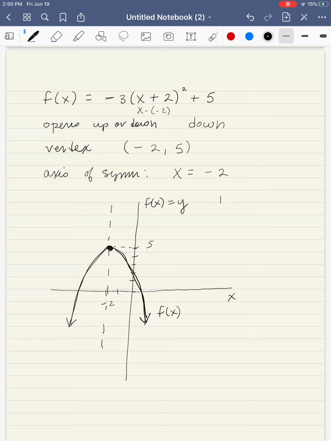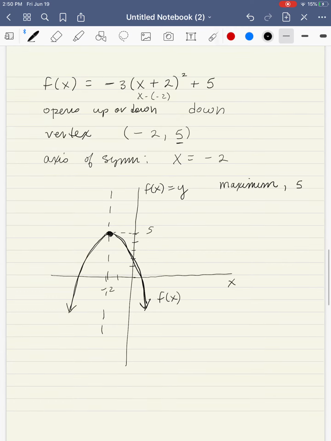And it is a high point, so it is a maximum. So here I have a maximum, and the maximum is the number 5.